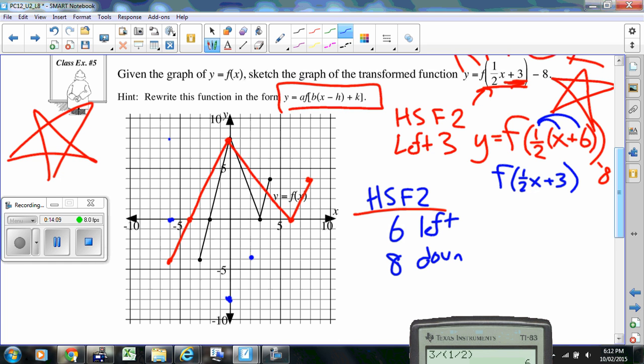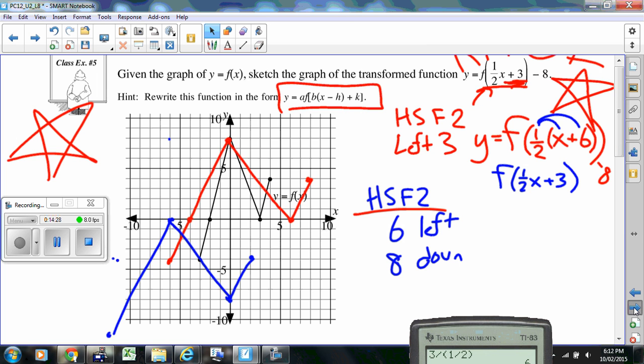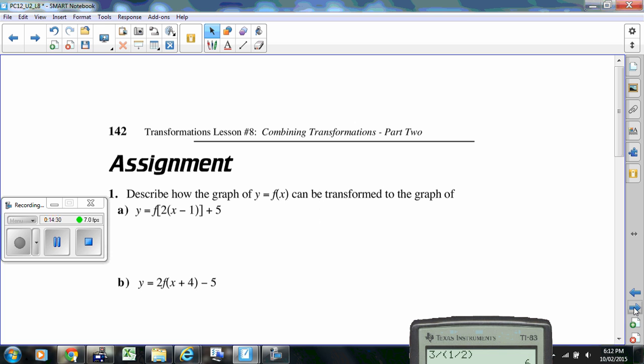And then this one, 6 over, and then 8 down should put it like there-ish. There we go. So that is the trick question to keep your eye out for. We'll come back to that in a little bit.